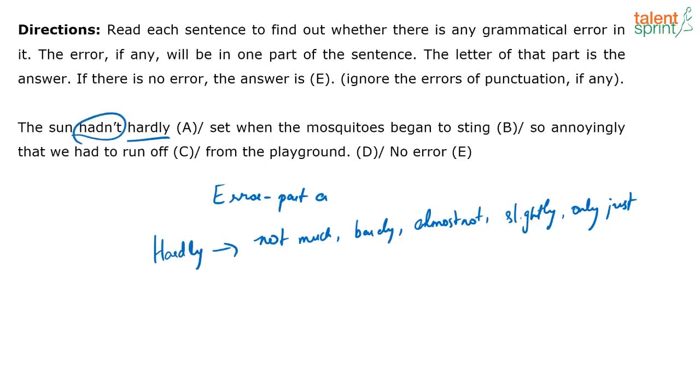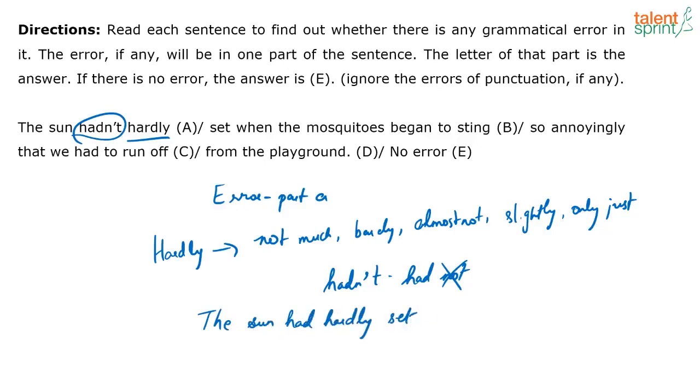So what I need to change is hadn't, which is nothing but the contracted form of had not. I need to remove this not, and then I change the part to the sun had hardly set when the mosquitoes. If I have to rephrase this entire sentence, I'll say hardly had the sun set.